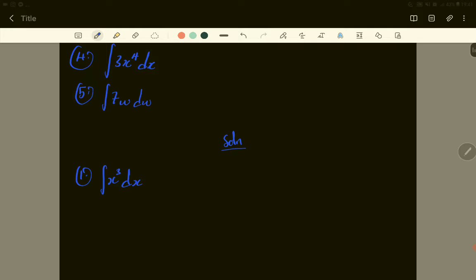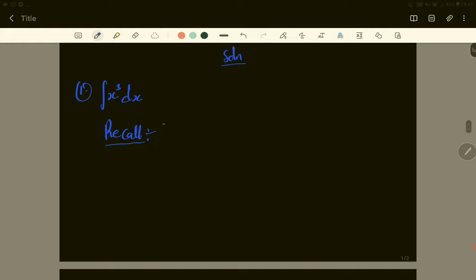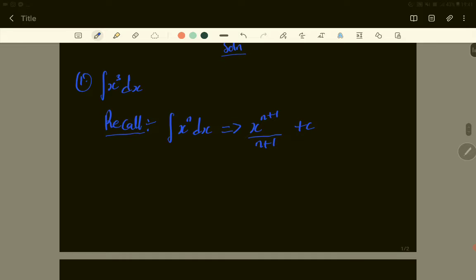Now when you recall the rules from the previous video, we have integral of x to the power of n dx implies x to the power of n plus 1 divided by n plus 1 plus c. So I'm going to apply it here for integral of x to the power of 3 dx.